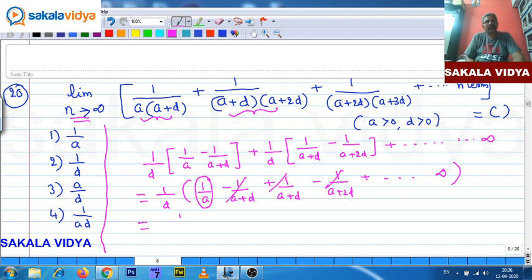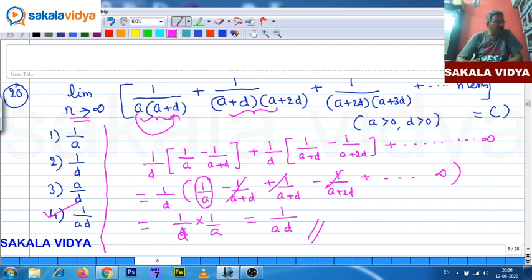We have 1 by d into 1 by a, so this is equal to 1 by ad. That's the answer. Whenever these kind of problems are there, remember this a multiplied by this d, you need to write 1 by ad. This will be the shortcut for the problems. Please note it down.